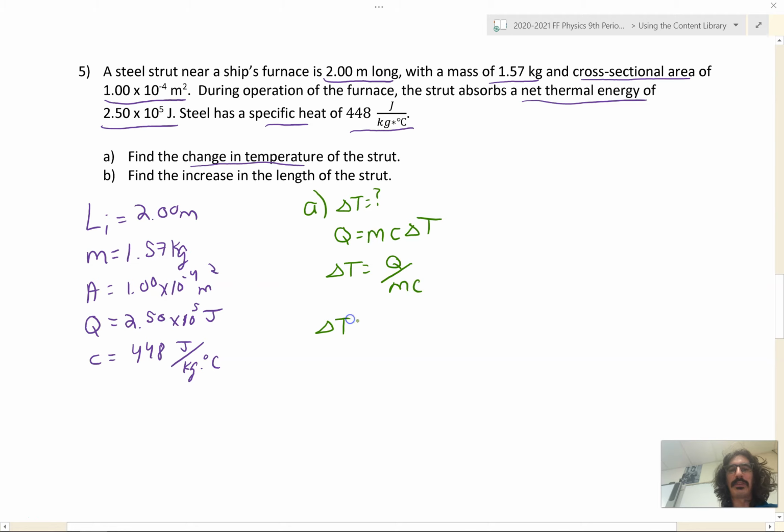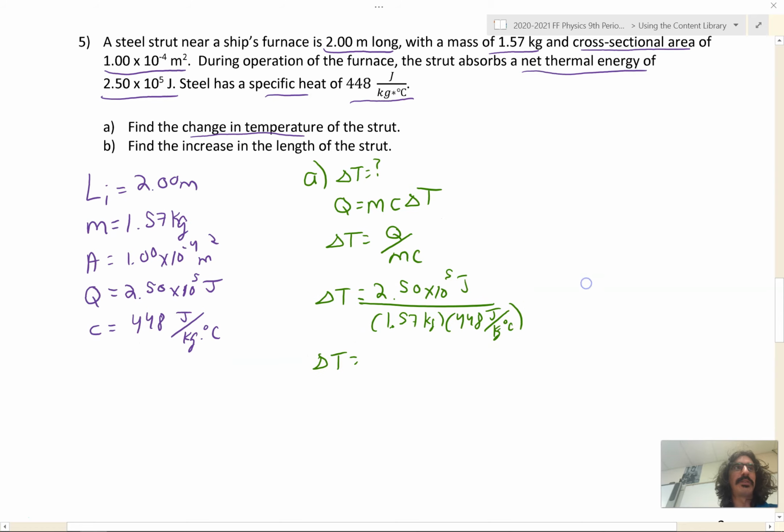Then we just plug and chug. 2.50 times 10 to the 5th joules all over the mass, 1.57 kilograms, times C, the specific heat, 448 joules per kilogram times degrees Celsius. Plug and chug, and we get a change of temperature to equal 355 degrees Celsius.